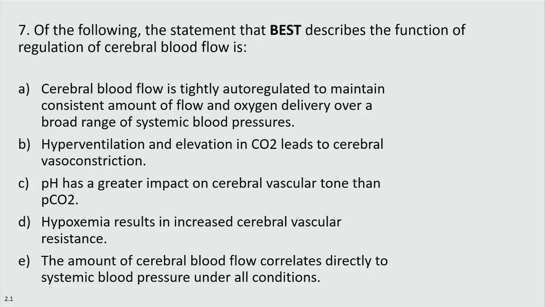C, pH has a greater impact on cerebral vascular tone than CO2. D, hypoxemia results in increased cerebral vascular resistance. And E, the amount of cerebral blood flow correlates directly to systemic blood pressure under all conditions. Please choose your answer.